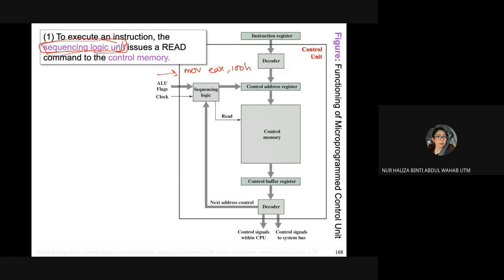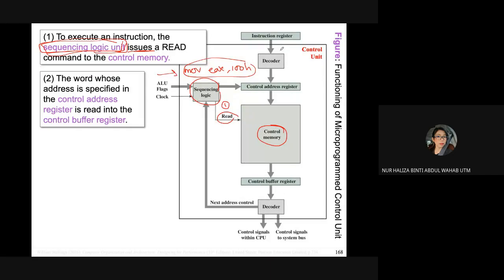But basically it happens. Your sequential logic will issue a read command to your control memory. So this is the first thing that will happen when you execute this single instruction. Then the word whose address is specified in the control address register is read into the control buffer register.